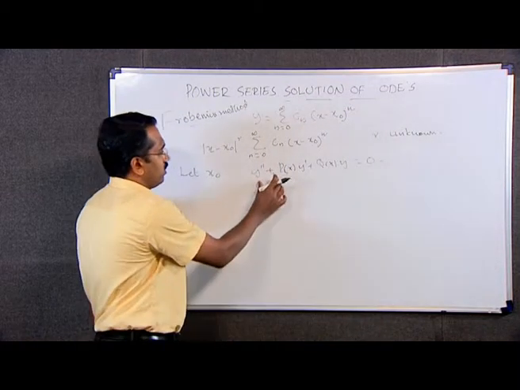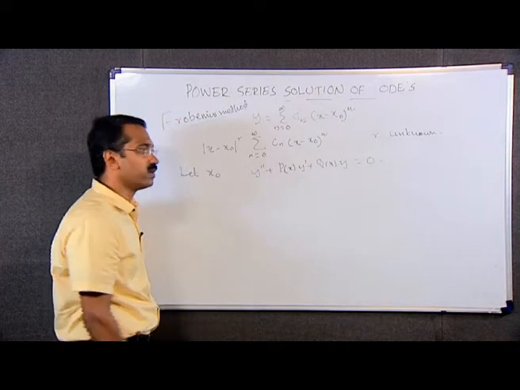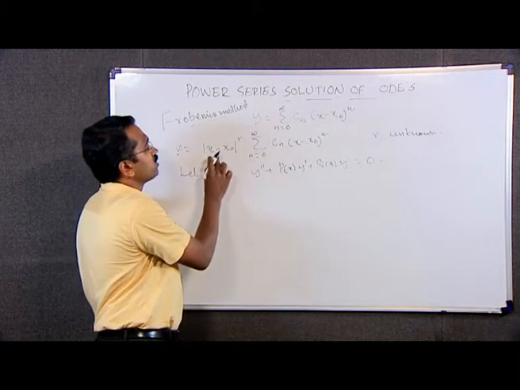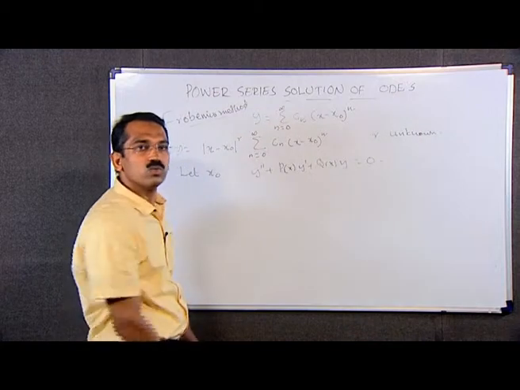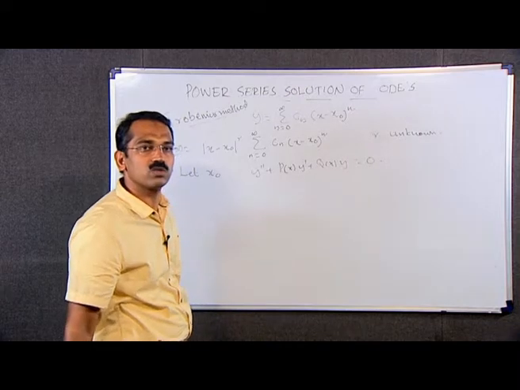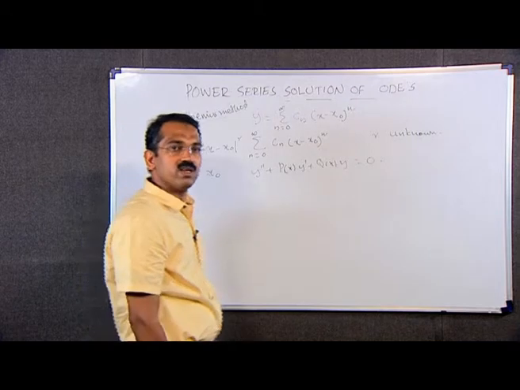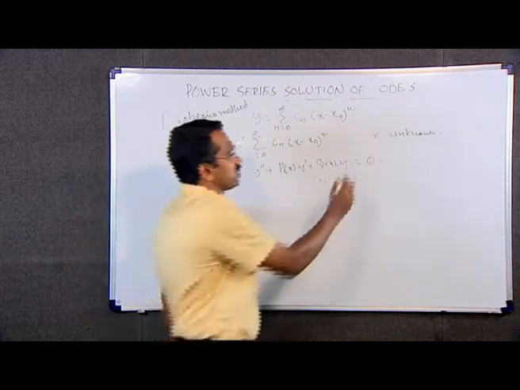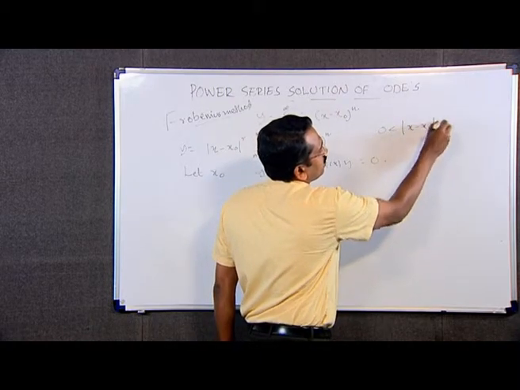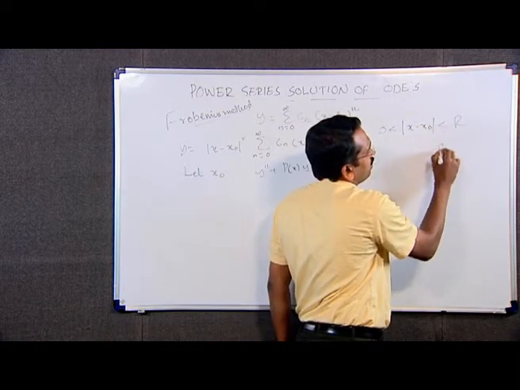Then this differential equation has at least one non-trivial solution of the form y is equal to modulus of x minus x naught raised to r into summation over n varies from 0 to infinity Cn into x minus x naught all raised to n, which is convergent in some deleted interval about x naught, that is 0 less than mod x minus x naught less than r, where this r is greater than 0.